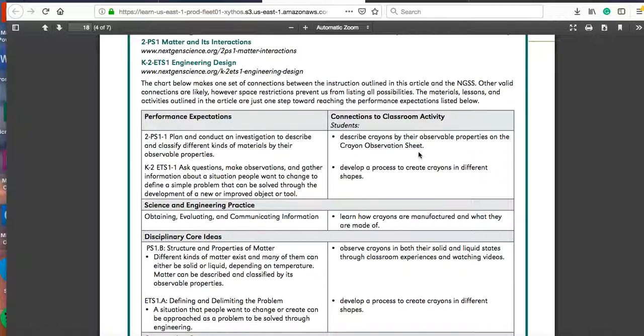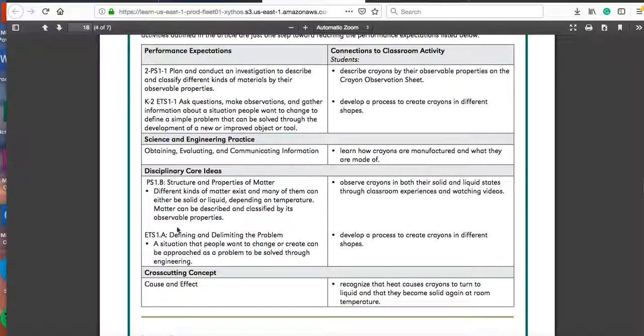To coincide with that, students describe crayons by their observable properties in the crayon observation sheet, and also understand cause and effect by understanding how crayons can turn from a liquid to a solid again at room temperature and so forth.